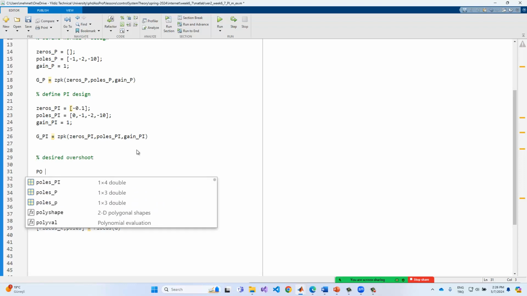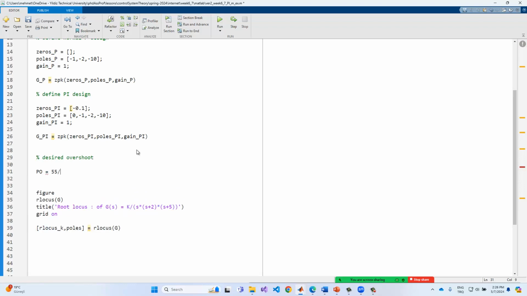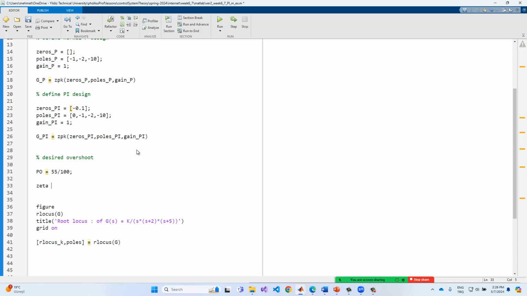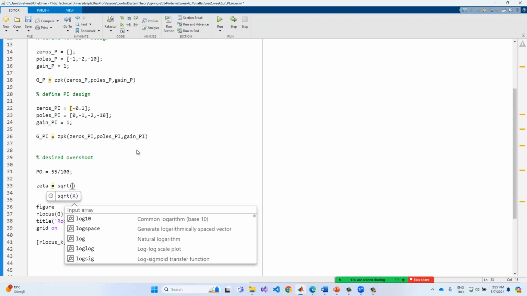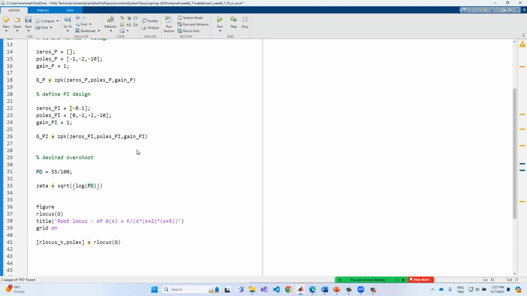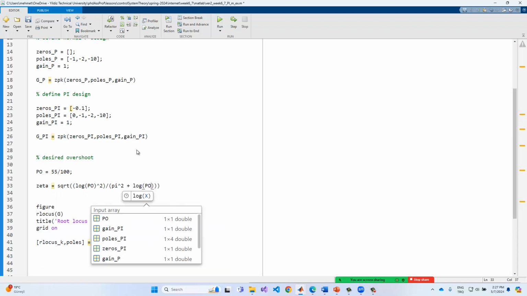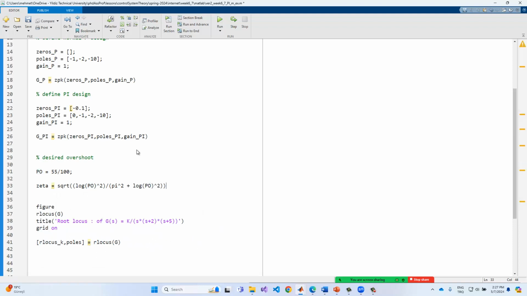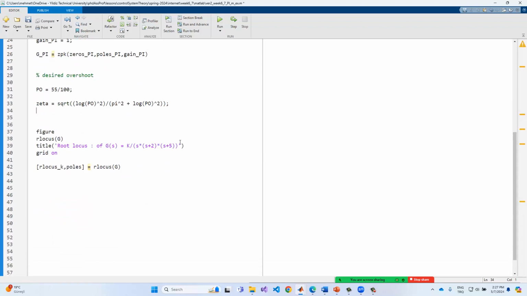For example, PO, percentage overshoot, 55 over 100, and zeta can be calculated with the square root of log PO over 100 squared, divided by pi squared plus log PO over 100 squared. Okay, this is the zeta line.